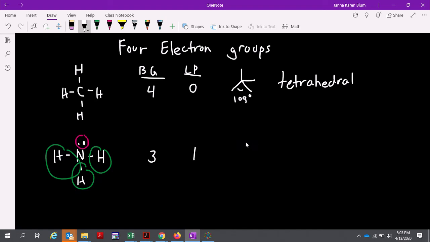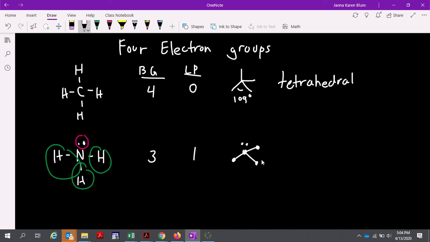And again, we're going to look at it the same way. I like to go ahead and sketch out the electronic geometry. If you want to see it, little balls here represent those bonds. And I'm going to take away the 1 and replace it with a lone pair.